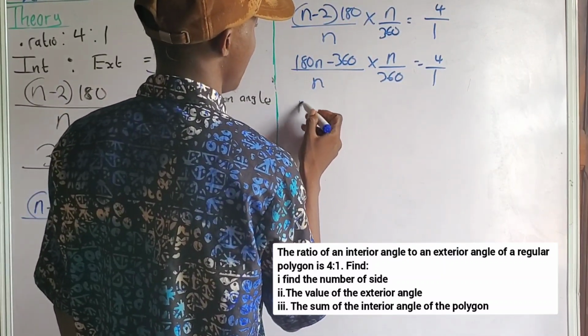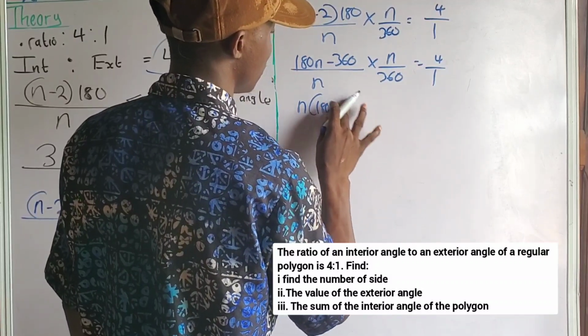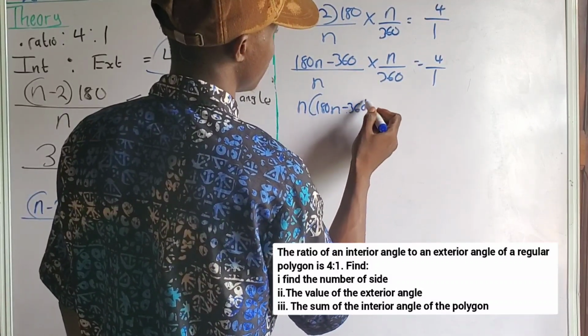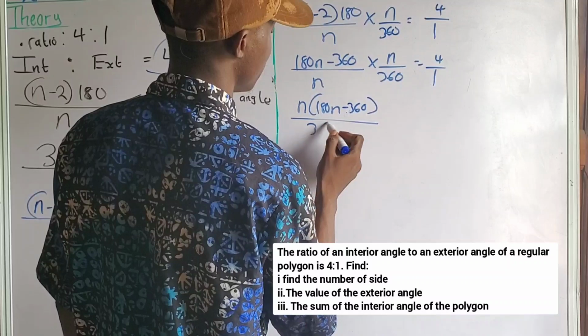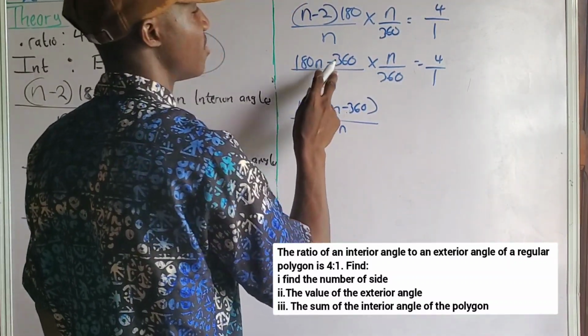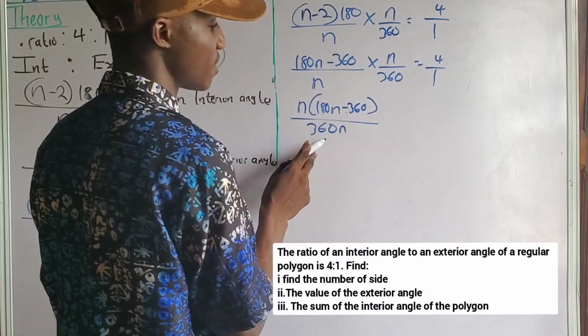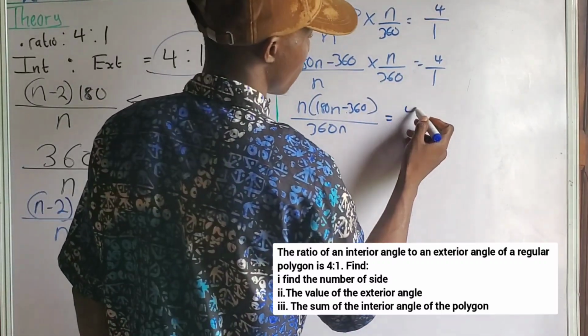Then n multiplied by (180n minus 360) over 360n equals 4/1.